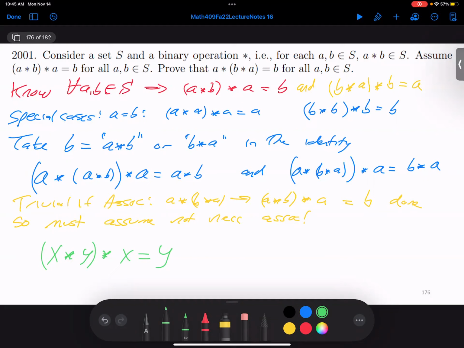Any thoughts as to how we might want to try to do things? We have two objects here, we need three.